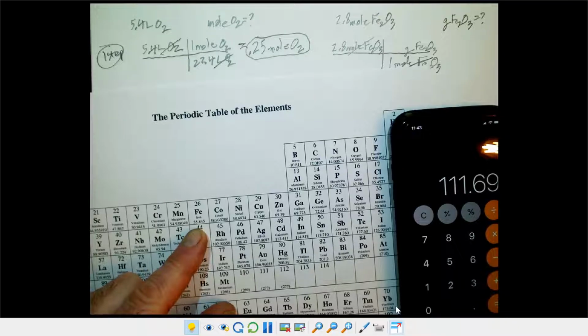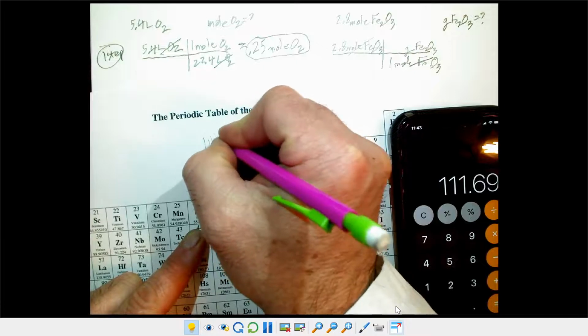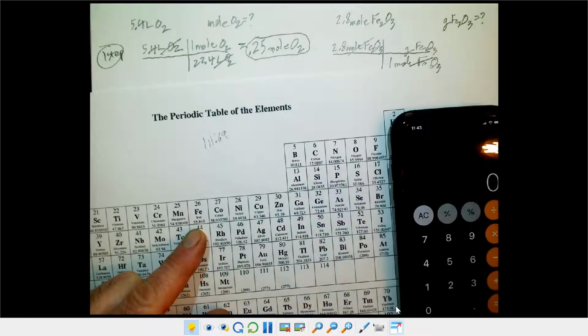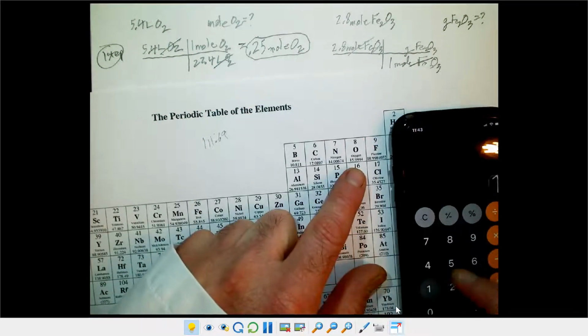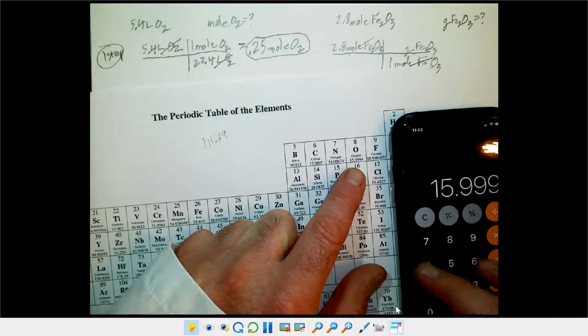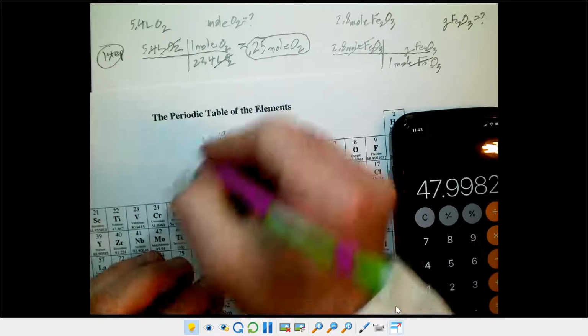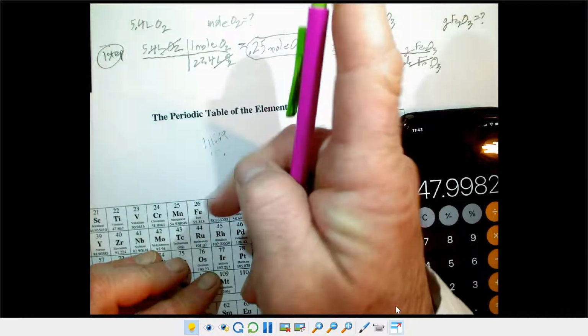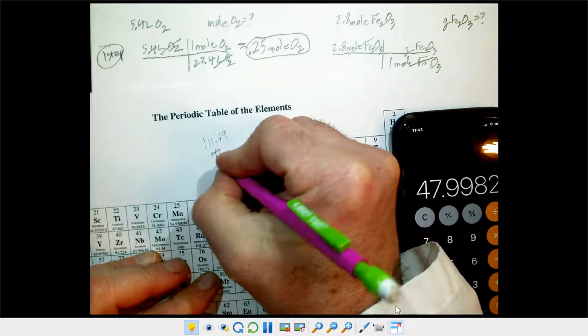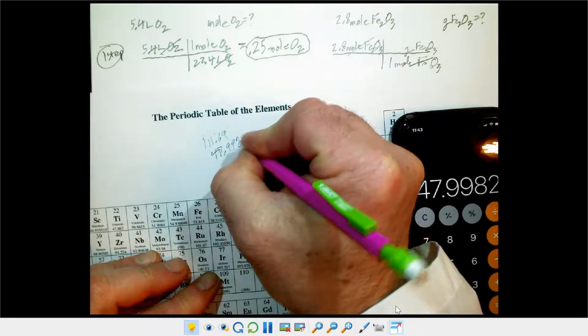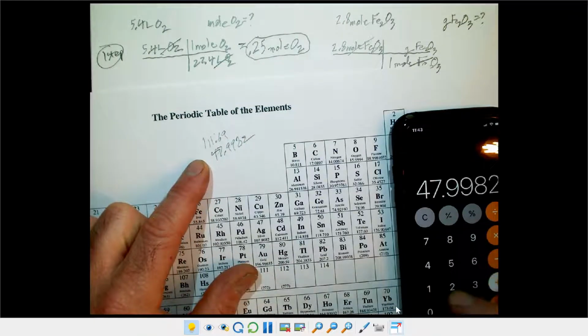So 111.69, that's that number. And then we're going to take oxygen, which is 15.9994, multiply that by 3, and it gives us 47.9982. We're going to add that to the 111 that we got before for the iron, and that gives us a total mass of 159.688.